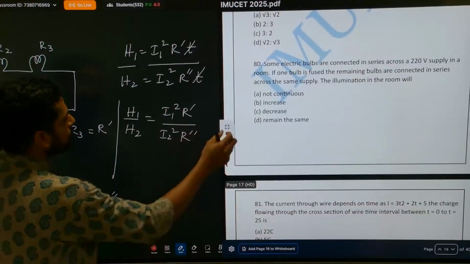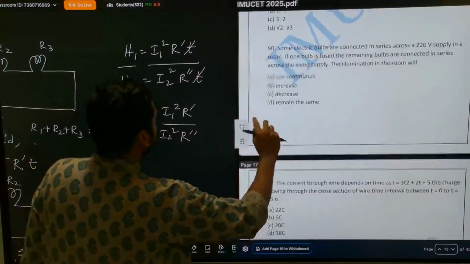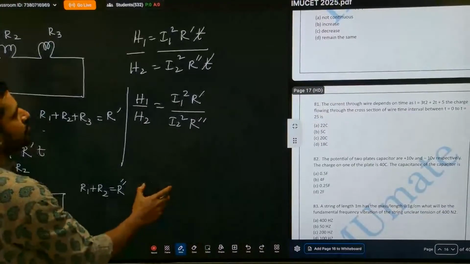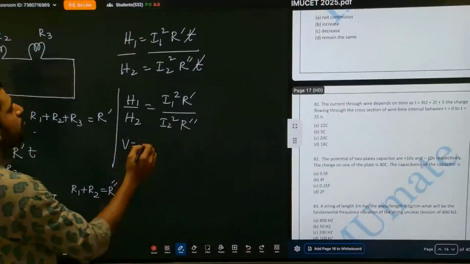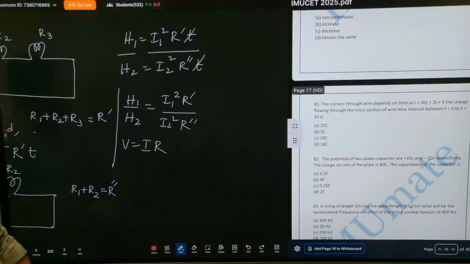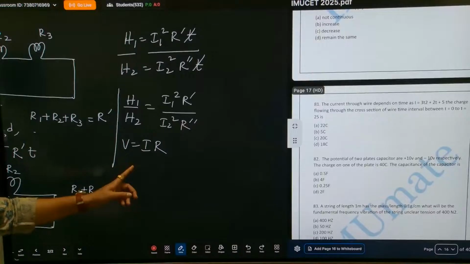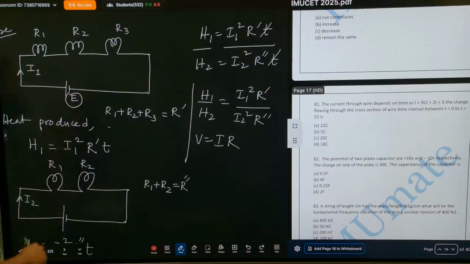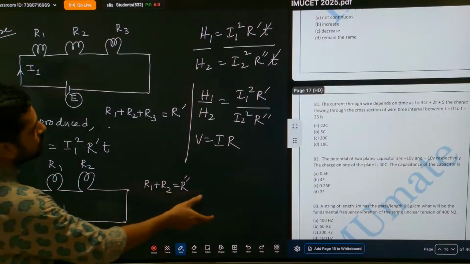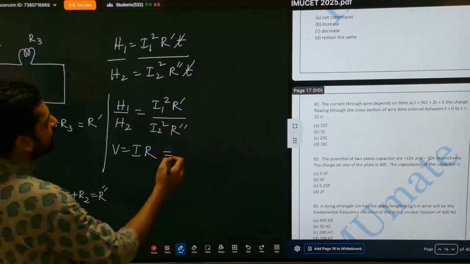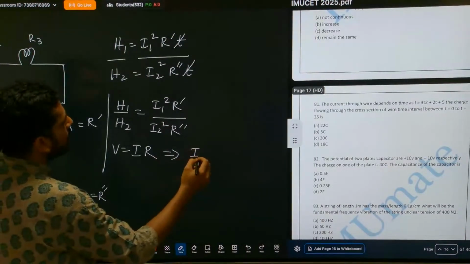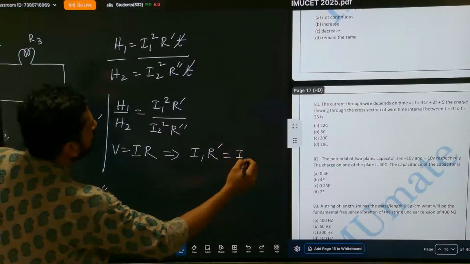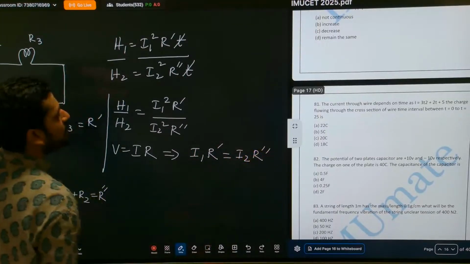Now, there was an equation. Just remember. Yaad karo. V equals IR. Do you remember this? V equals IR. Now V would be the same because the EMF is the same. So now it implies that I1 R dash would be equal to I2 R double dash.